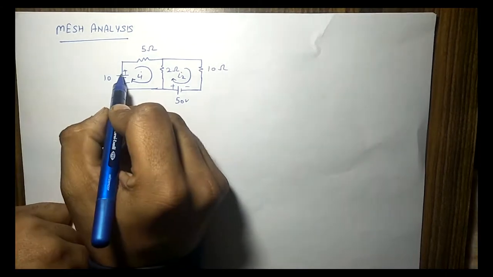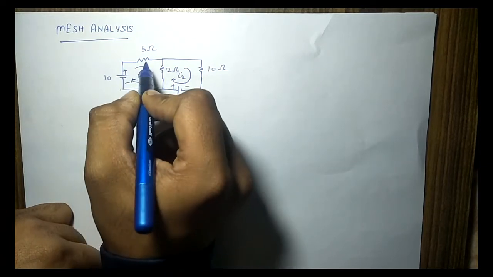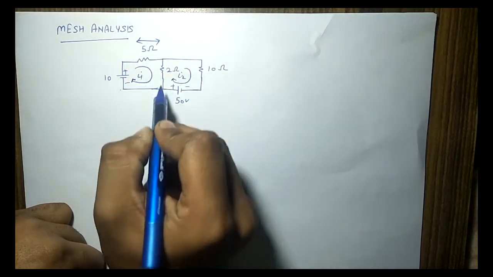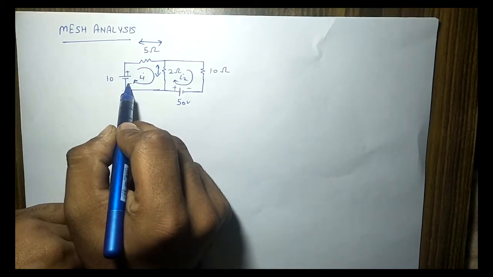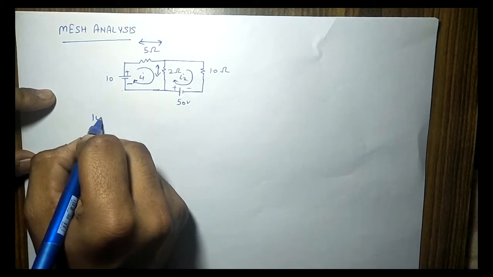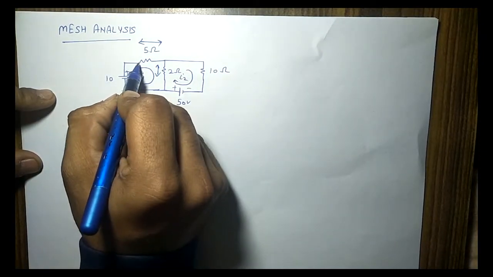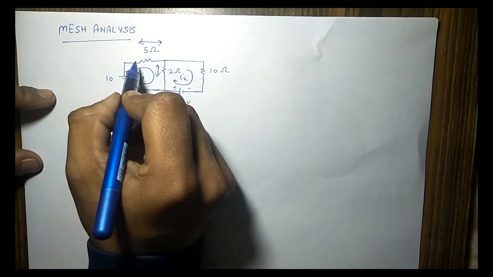By applying KVL in mesh analysis, we have to check the direction of the current. If I am traveling in this path, first of all we account for the voltage drops across the resistances. If I am going from negative to positive, then I will write 10. Now the current will flow from the positive direction to the negative direction.